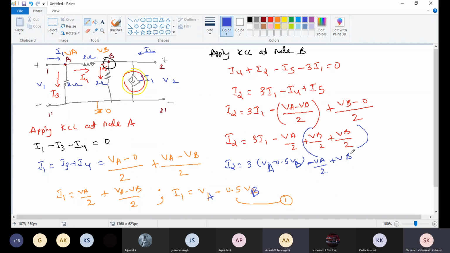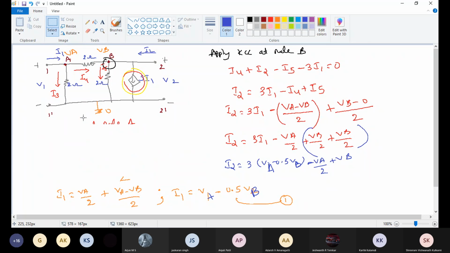Now, I'll get the final answer: I2 is equal to 2.5 V1 minus 0.5 V2. I'll call this equation 2.